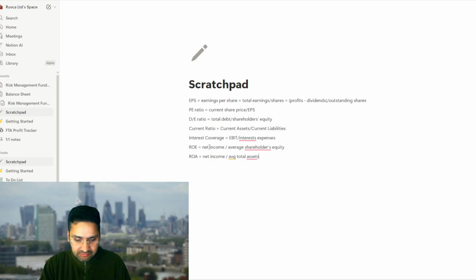Sometimes these ratios are multiplied by 100 to show them as percentages.